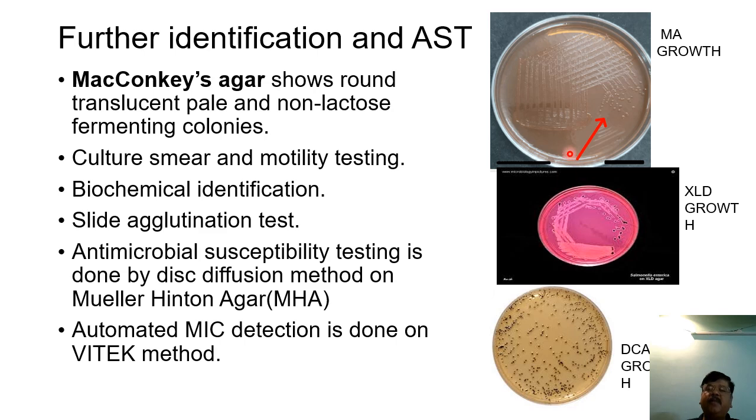Because Salmonella typhi and paratyphi B produce H2S, and because of that there is a formation of black colored colonies on those media. Then further we have to do the smear from culture, go for motility testing, then biochemical identification.